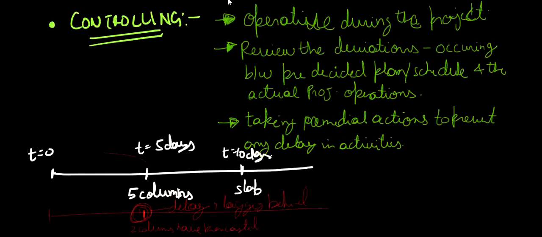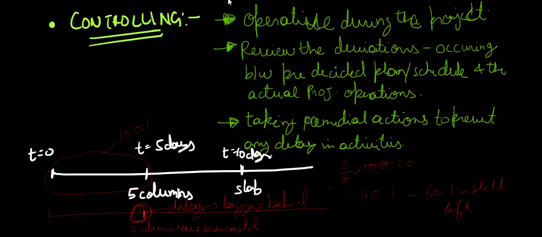If I consider only this part of the project as my 100% part, out of 5 columns only 2 columns are completed. So only 40% of my task is completed, and 60% is still left. So I have to take control over this and complete the 60% task as early as possible.